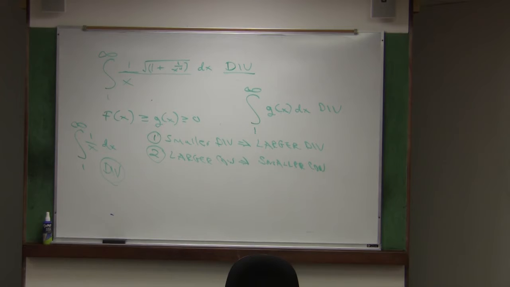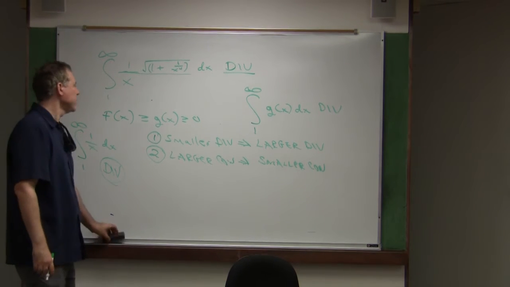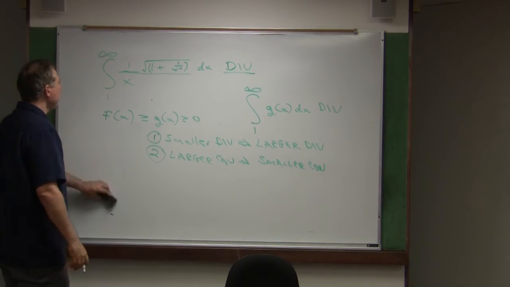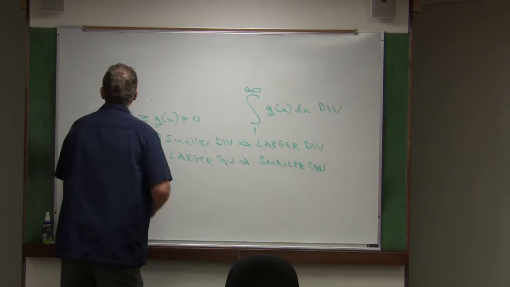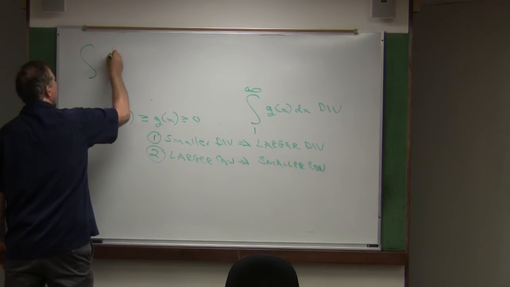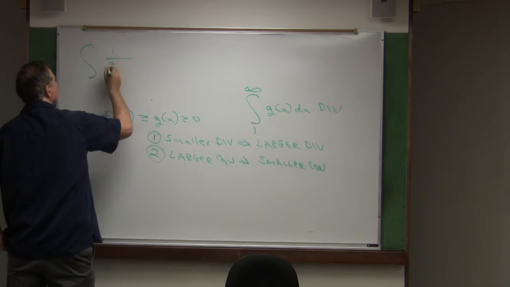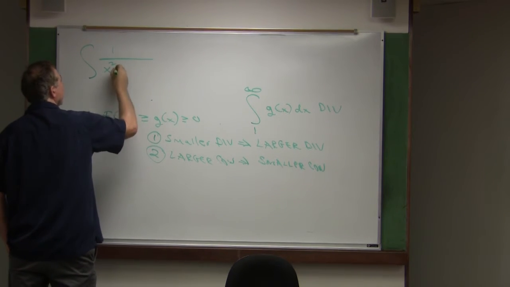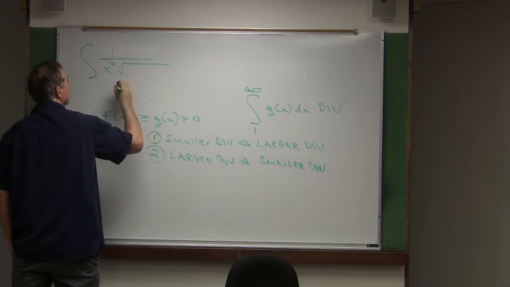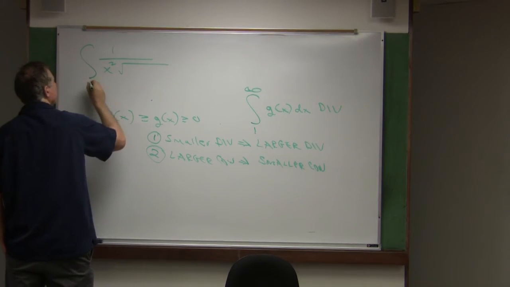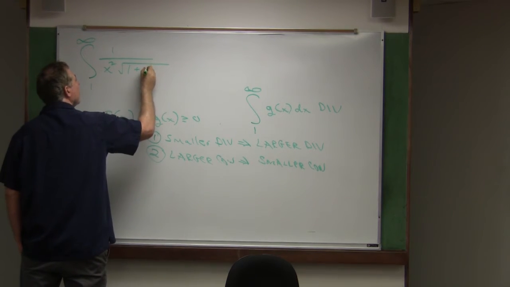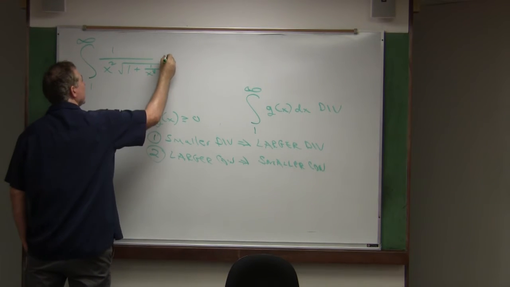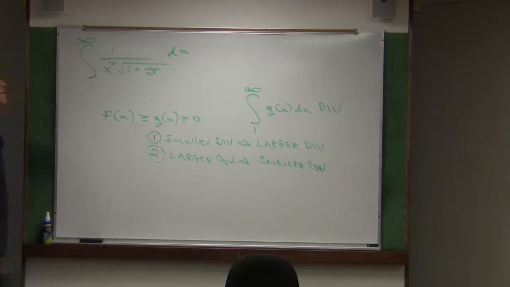Similarly, let's give an example of something that converges. For example, we know that 1 over x squared converges. So what if I just did the same thing and I put something down here like the integral from 1 to infinity of 1 over x squared times the square root of 1 plus 1 over x to the 8th, something like that. Okay?